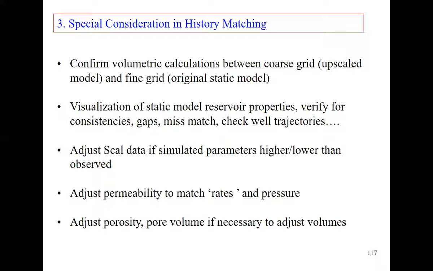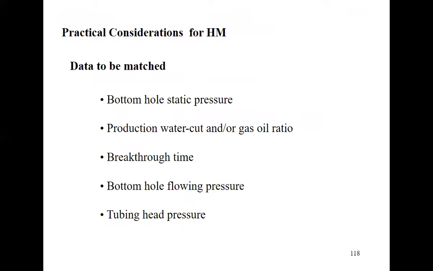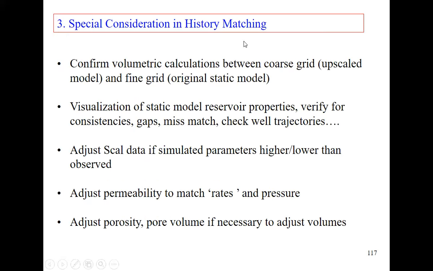So when we see our simulation, we have to be very close to these geological volumetric numbers. And if we are not very close, we have to be in agreement. We have to make the changes to be very good.